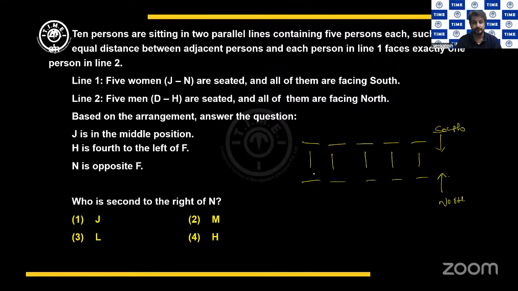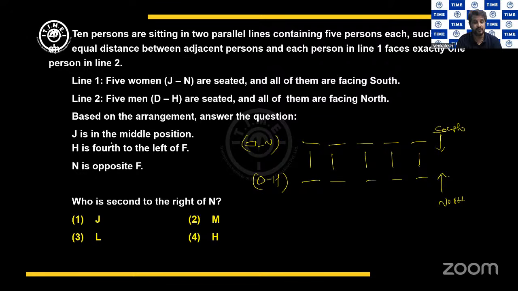Okay. Women are J to N, who are facing south. The row of people who are facing north, line 2, are D to H. This I will take D to H.